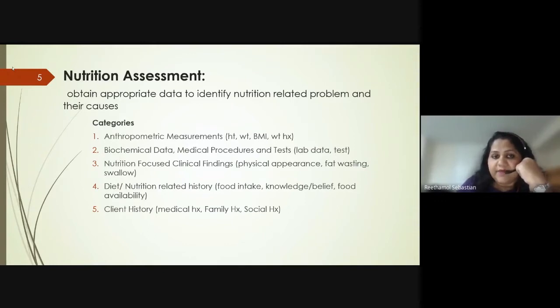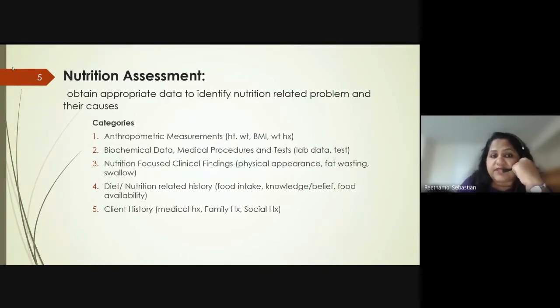Biochemical data or medical procedures and tests, including lab data such as blood sugar, electrolyte levels, or hemoglobin level. Or tests or procedures, such as a modified barium swallow, gastroscopy, or endoscopy, any procedure they had for any particular reason.